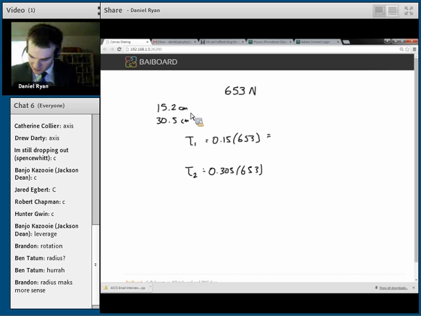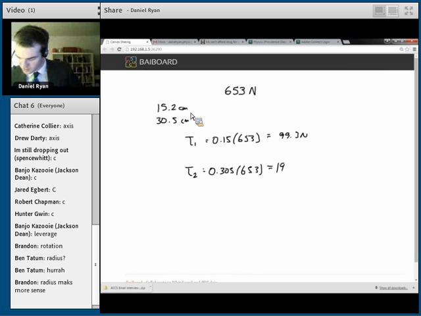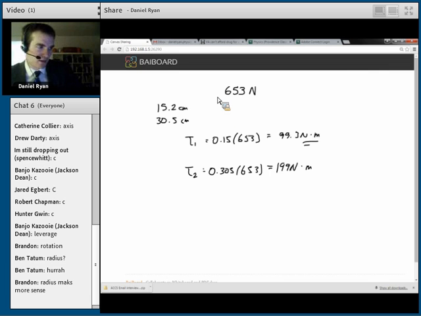First one's 99.3, and the second one is 199. And they're not just newtons, sorry, they're Newton meters. Brief but simple example.